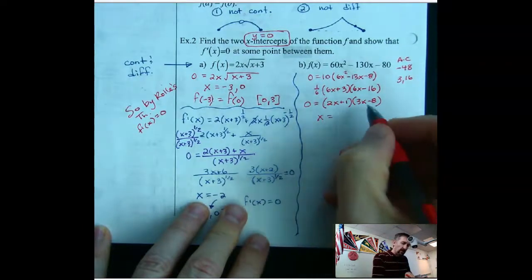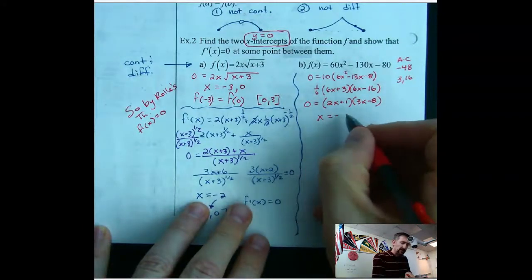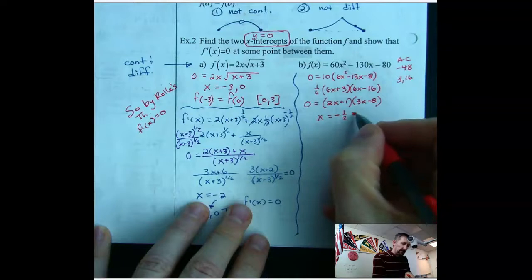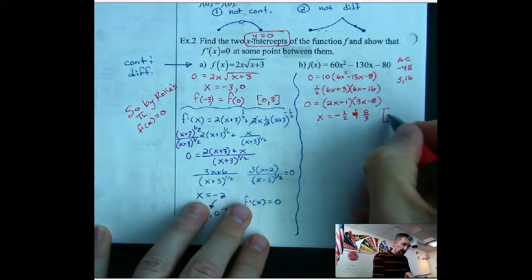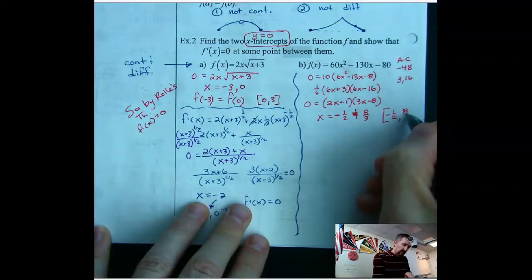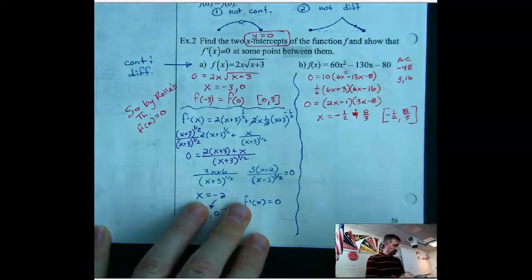So our x-intercepts, sorry, are going to be -1/2 and 8/3. So our interval is -1/2 and 8/3.